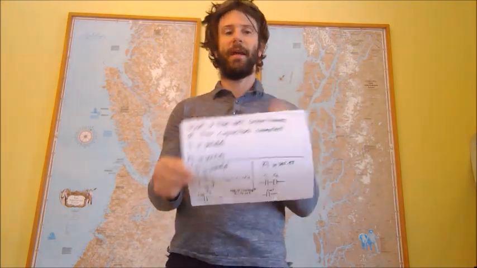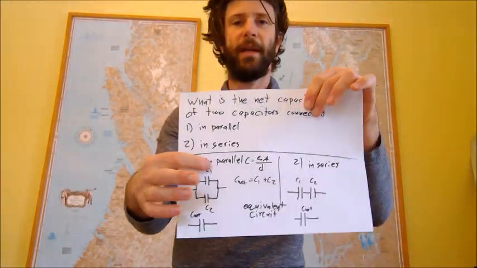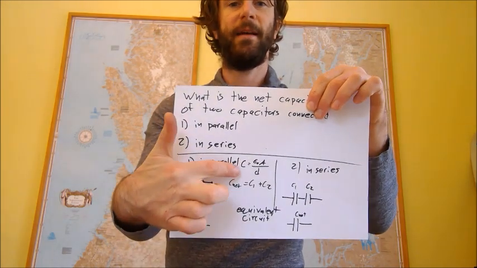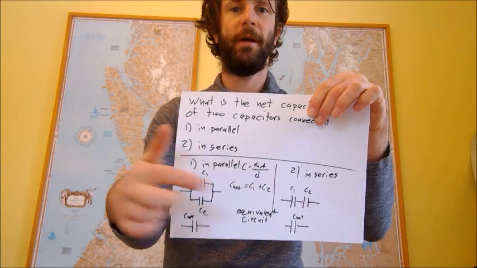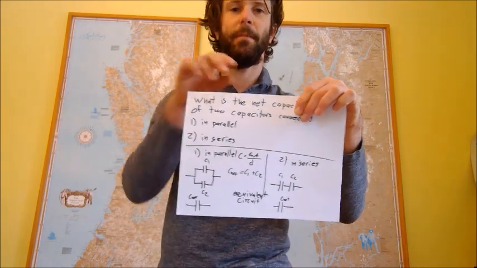And our argument was, looking at that formula, what is the net capacitance? It's epsilon naught A over D. I'll post these notes on Canvas as well. C, in general, is that constant times the area over D, the distance between the plates.